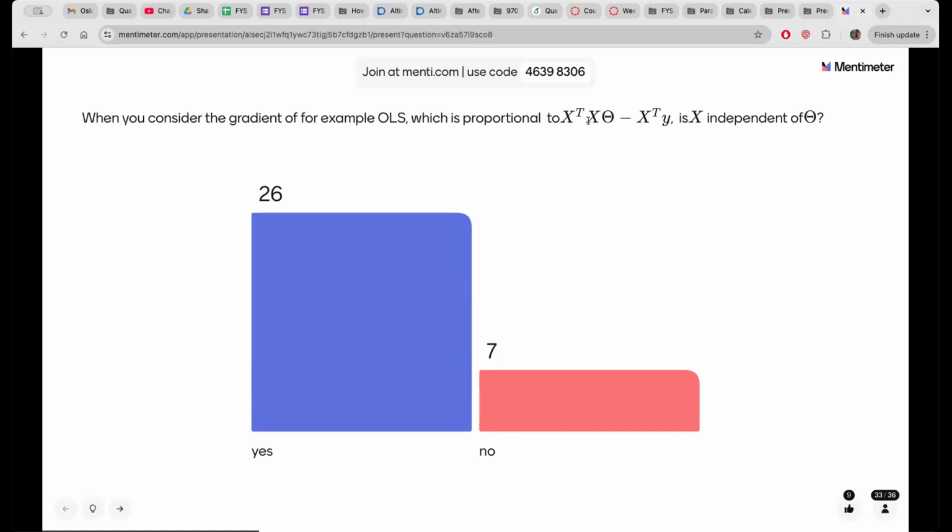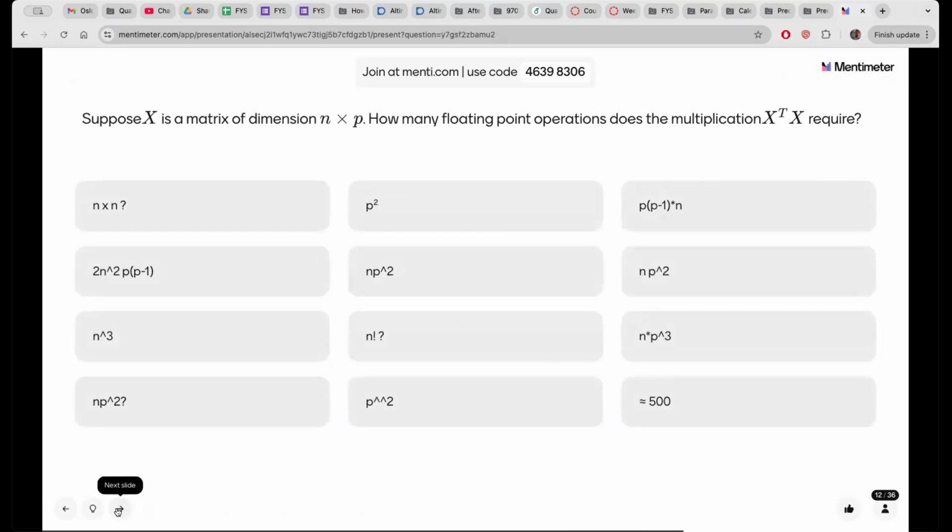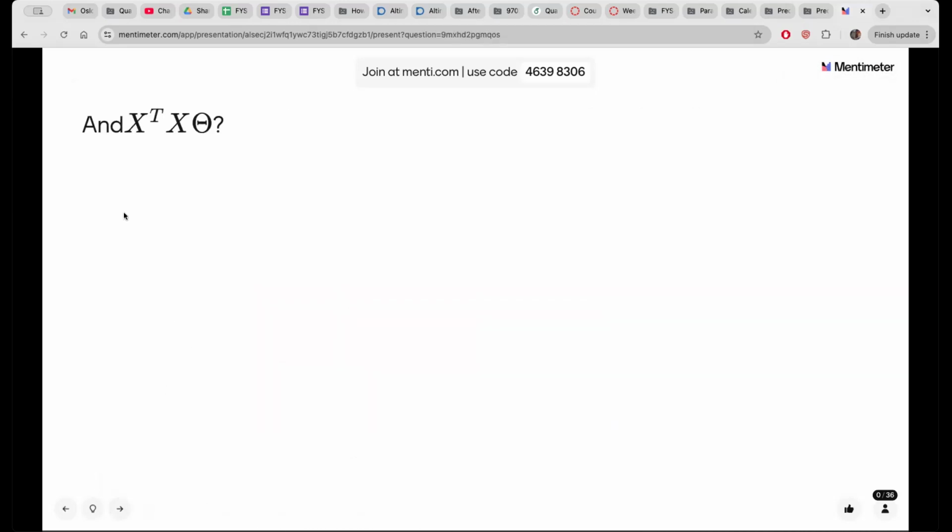So if you then go back to the final question, suppose now that I multiply this with a vector theta, and theta has dimension p.